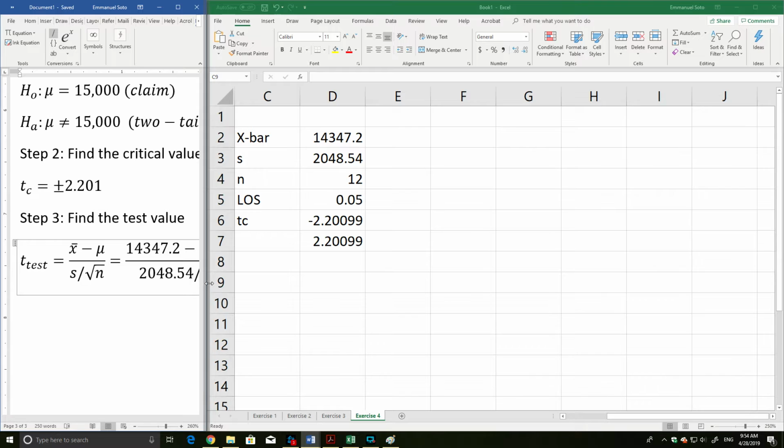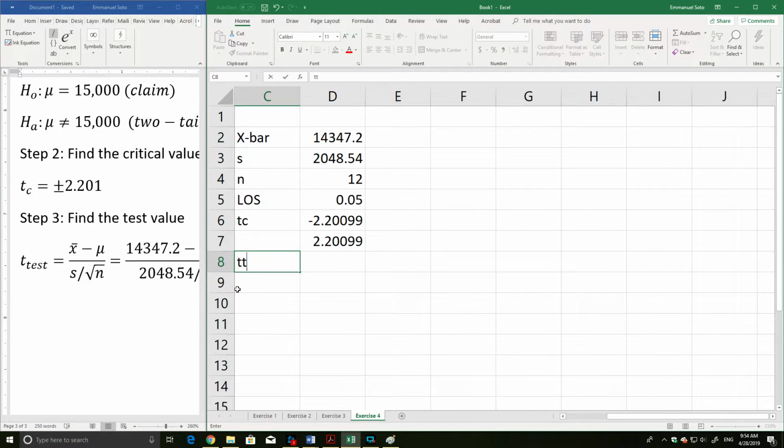All right, so we're going to go ahead and move on to Excel, and we're going to calculate our t-test. So to do that, we're going to say equals, parentheses. We can type in our number for x bar minus mu, close parentheses, divided by, open parentheses, s divided by square root.